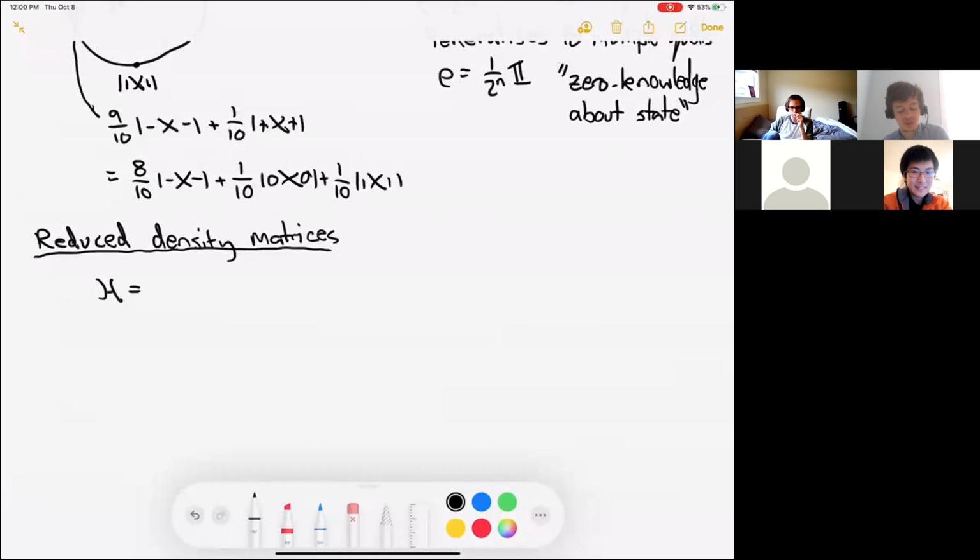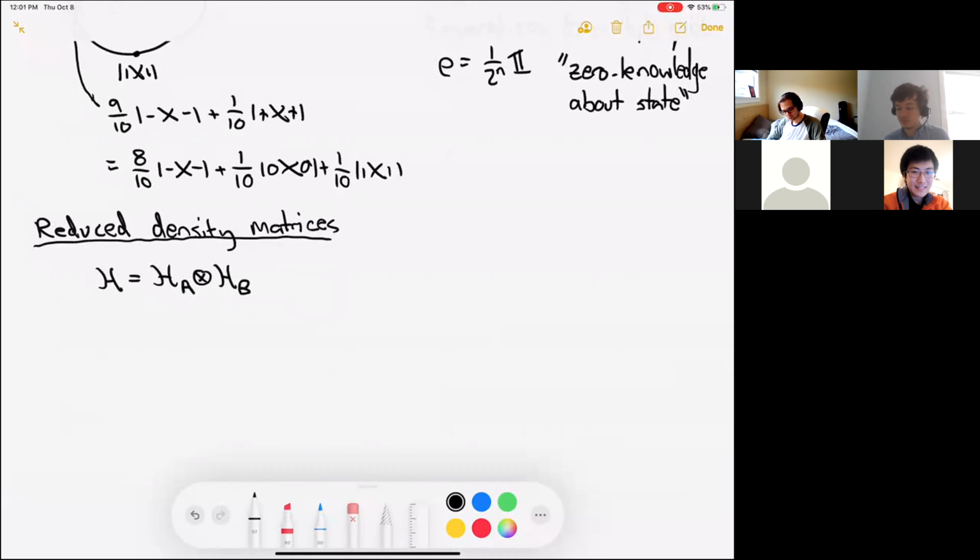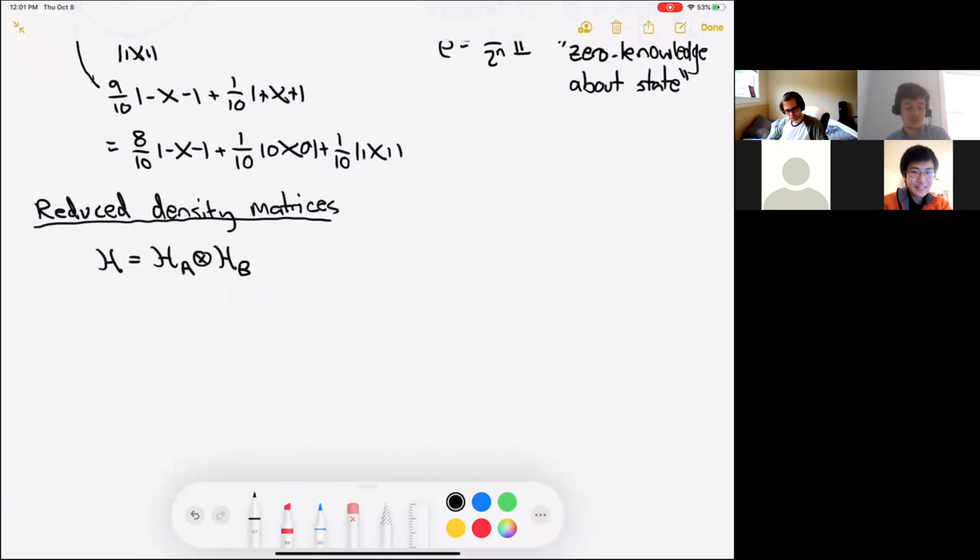Let's say we have some Hilbert space H, which is a tensor product of H_A and H_B. And we have some state, it could be pure, it could be mixed, but it's some global state. And we'll call the density matrix associated with this entire state just rho_AB.